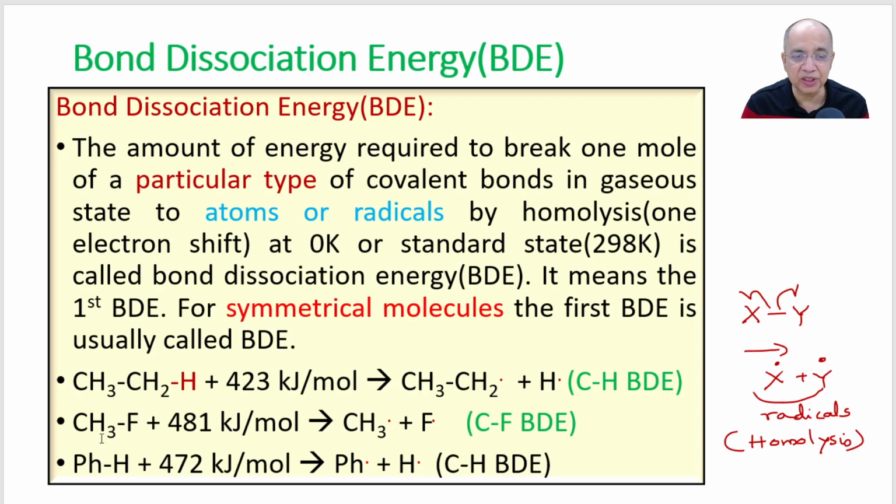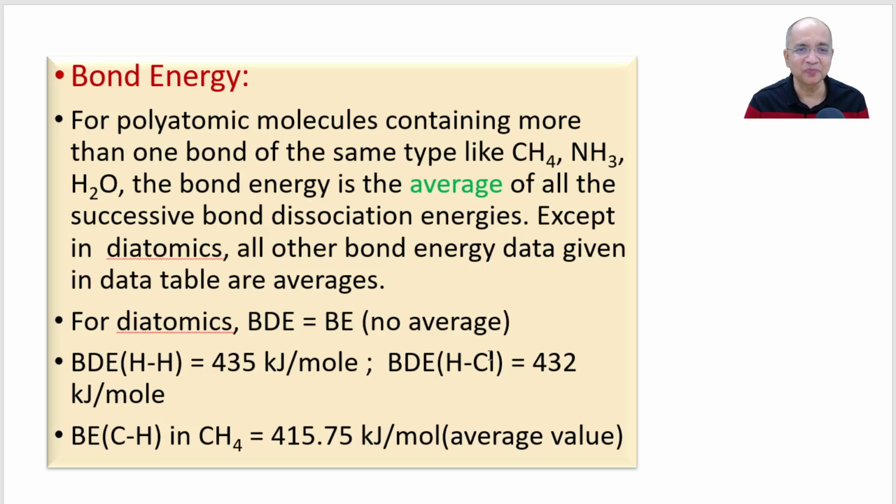So the BDE of the CF bond is 481 kilojoules per mole. So also, this is benzene. The CH bond requires much greater energy than the CH bond in ethane. We will know the reason why just after a bit.